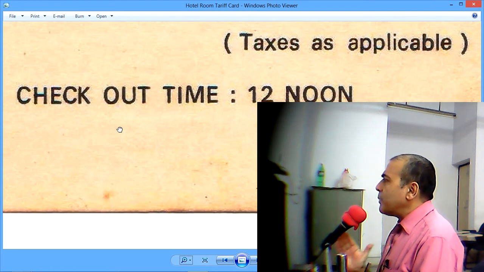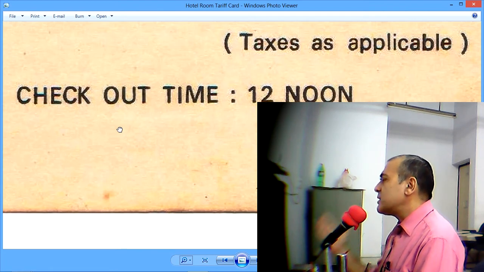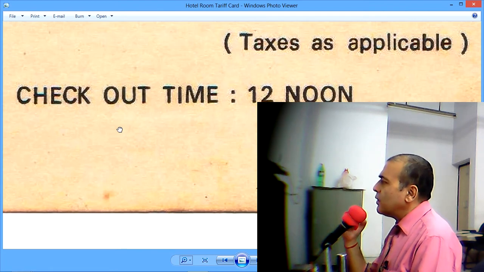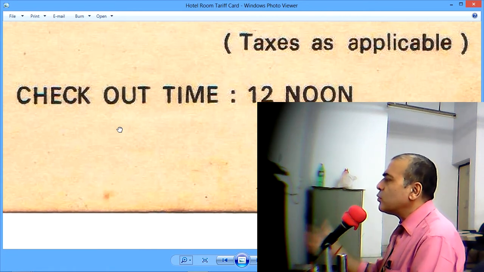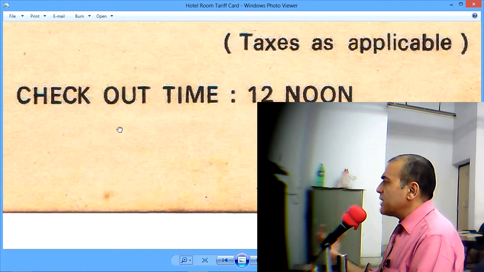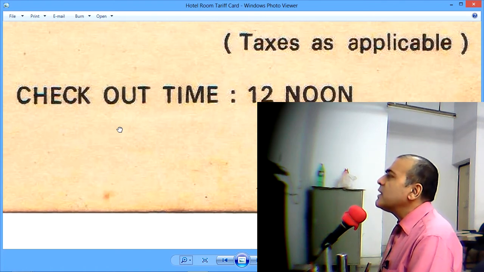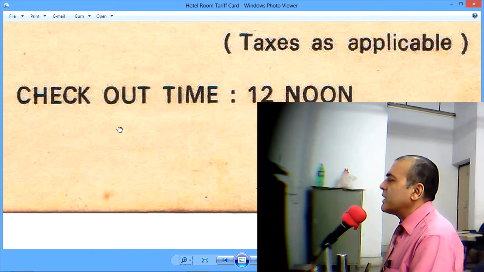So if you come at 12 noon and check out by next day 12 noon, you have to pay for 1 day's tariff. However, if you exceed your stay beyond this 12 noon without the hotel's permission, then the hotel will definitely ask you to make extra payments.